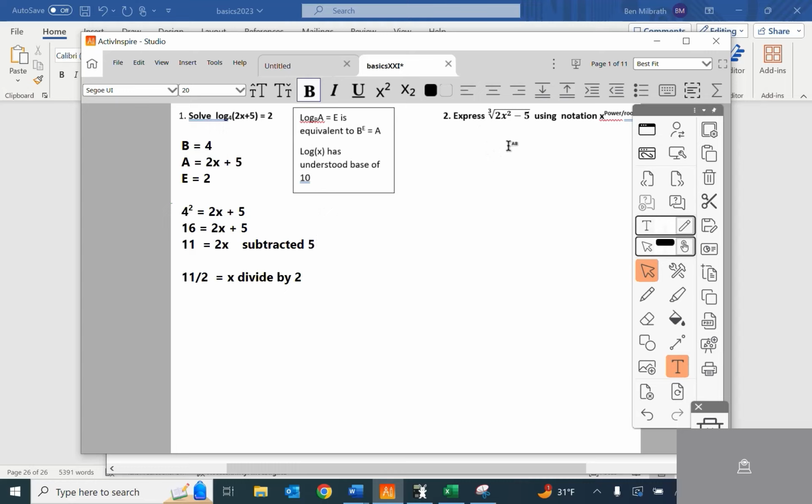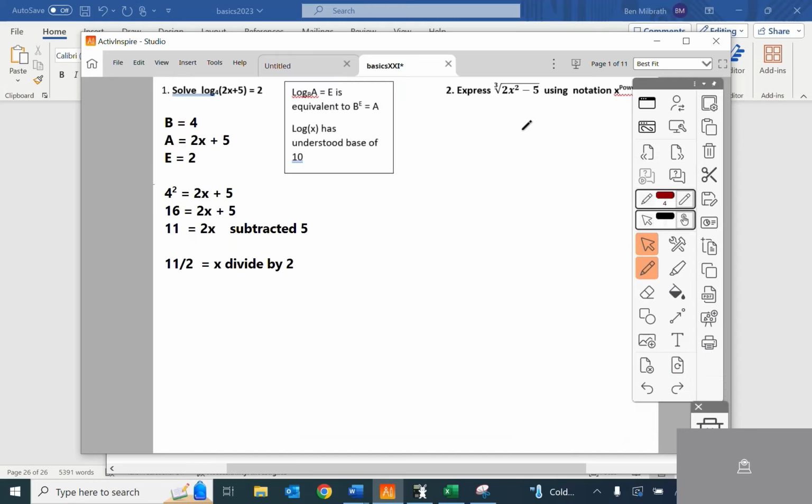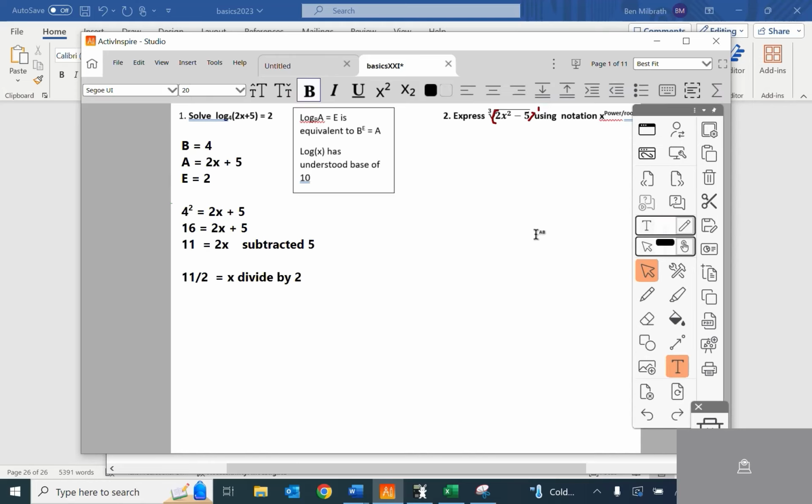All right, number 2, express using the notation x to the power over root. I know you might look at this and think the power is 2, but I wish I had a set of parentheses here. Every bit of this is inside that radical. Every bit of it. And it's understood to be raised to the first. So we talk about the power here.